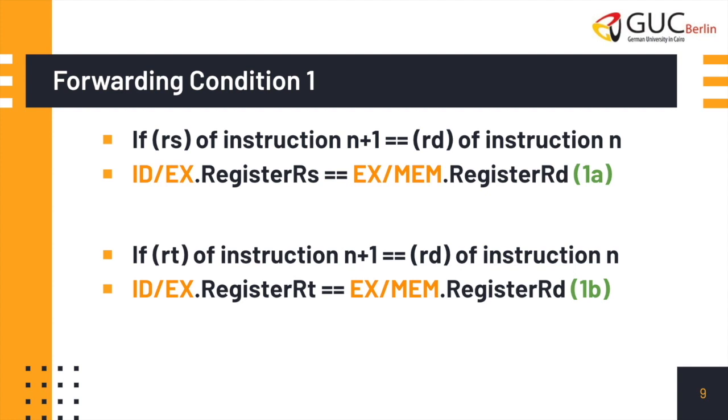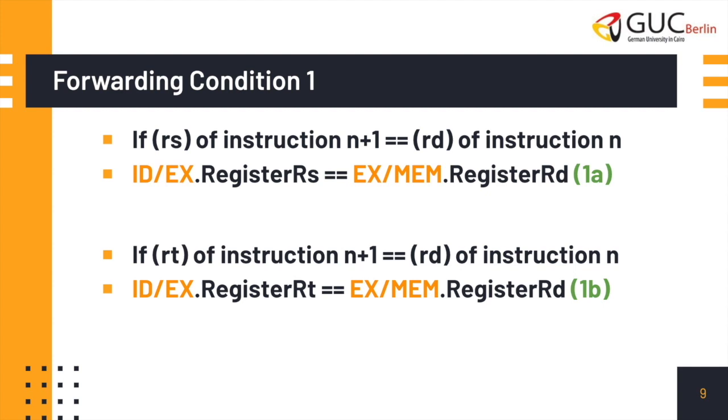Register RT of instruction n plus 1 is equal to register RD of instruction n. It is the same condition as the previous one, but we are replacing register RS with RT. We are now checking the second operand. In the first condition, we checked the first operand, which is register RS. The dependency may occur on the second operand. We may have a read after write, a RAW dependency, on the second operand.